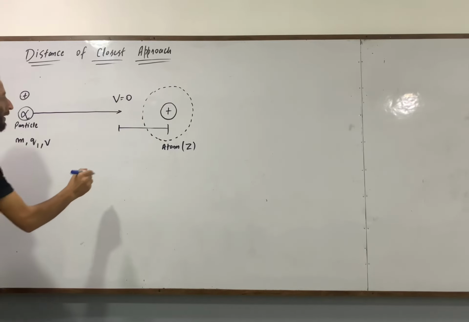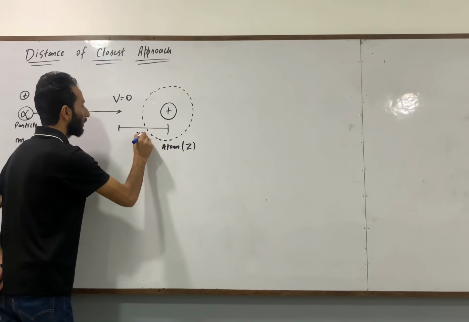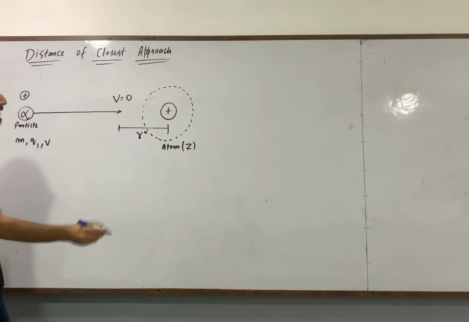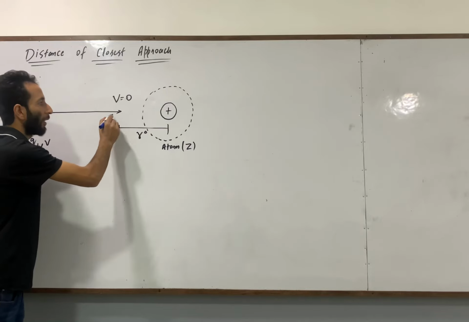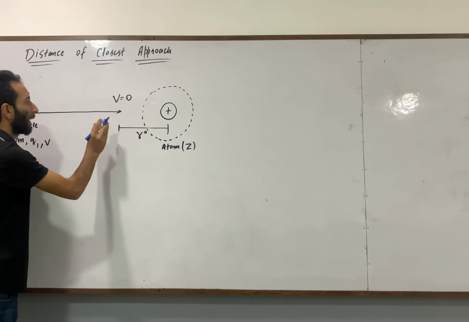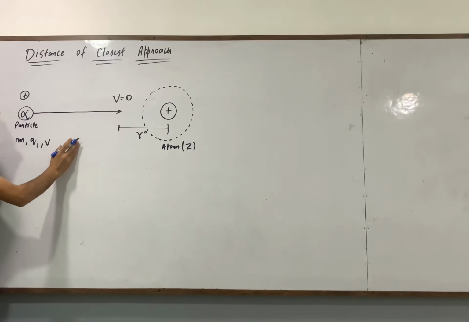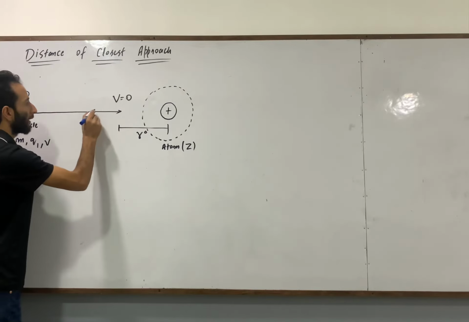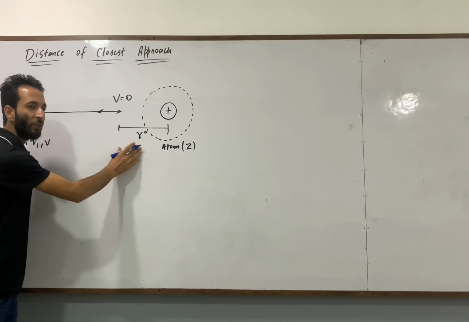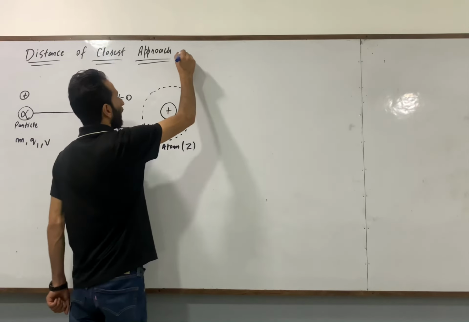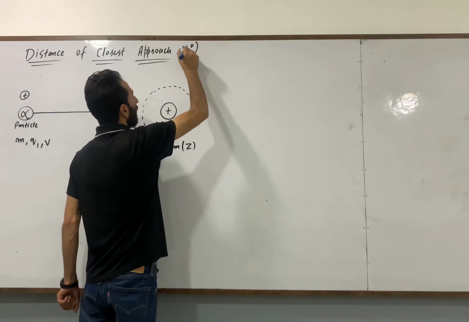Let's suppose that distance is represented by r naught. This distance is called the distance of closest approach. So the distance of the alpha particle from the nucleus, where its velocity becomes zero and it starts retracing its path back, is called the distance of closest approach, represented by r naught.